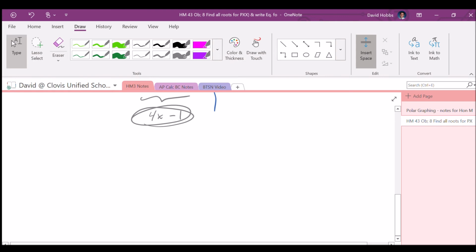Okay, so, and I just did problem number 8 with everybody, which problem number 8 really, it's a 4th degree polynomial.